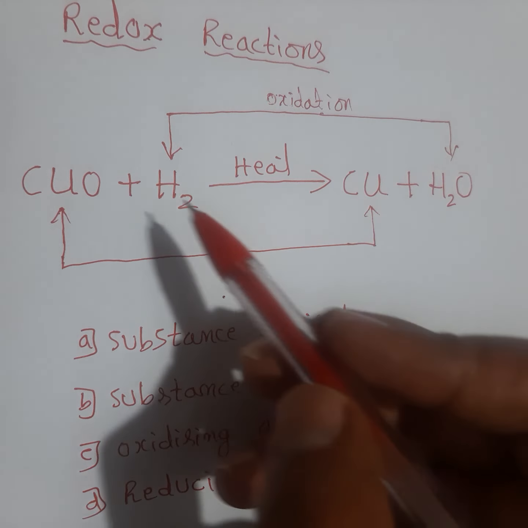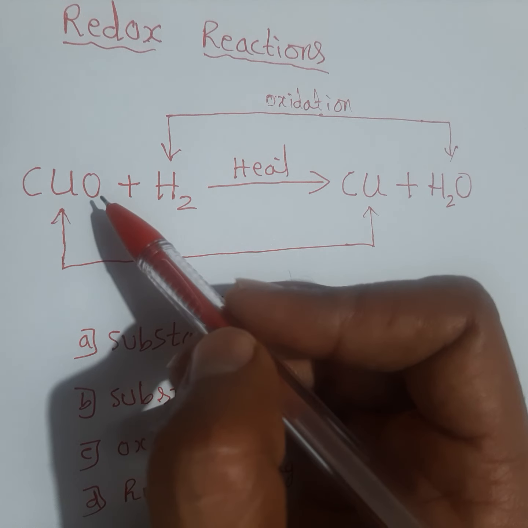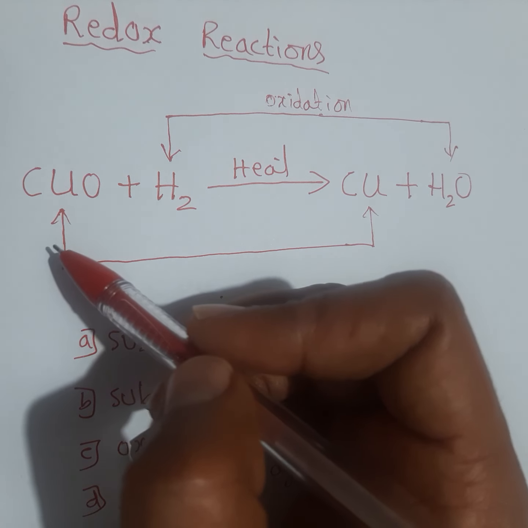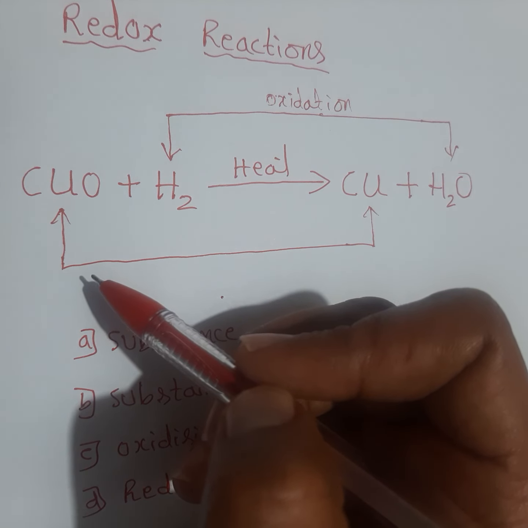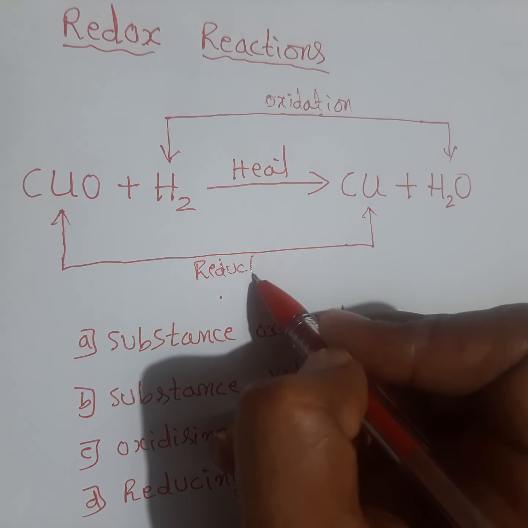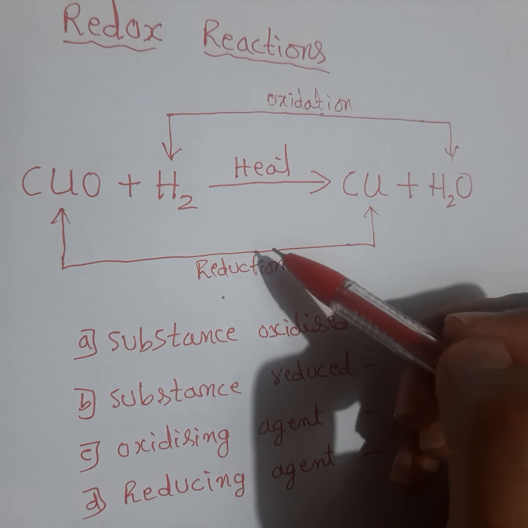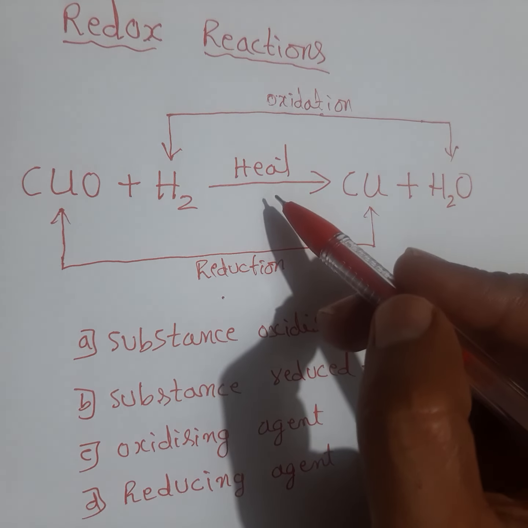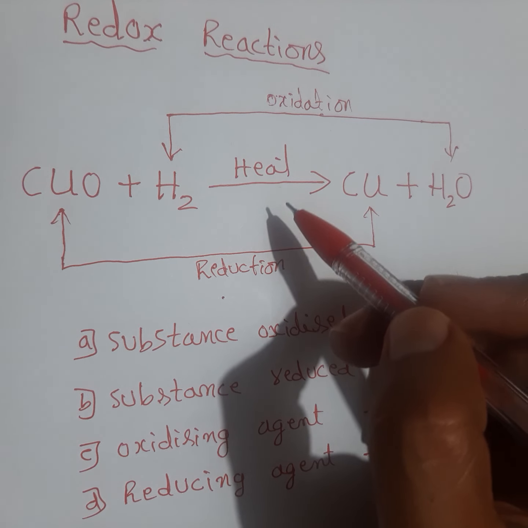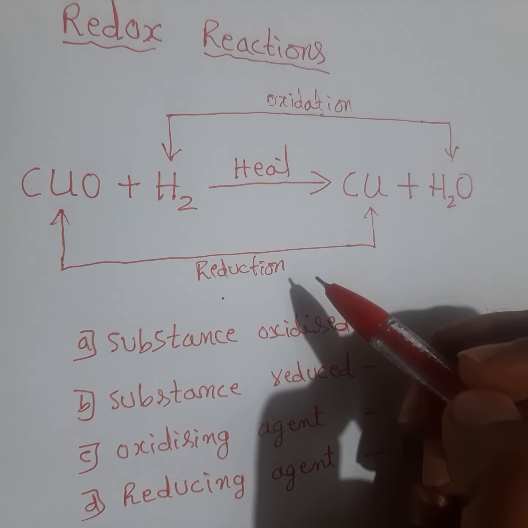So the loss of oxygen, or removal of oxygen from a compound, is called reduction. So this is reduction. Like this, oxidation and reduction are taking place simultaneously in this equation. Therefore, this reaction is an example of a redox reaction.